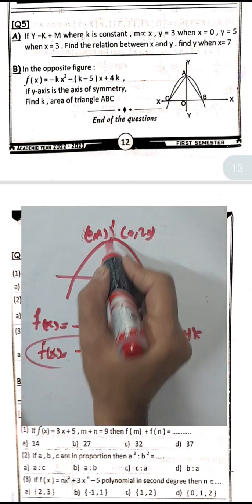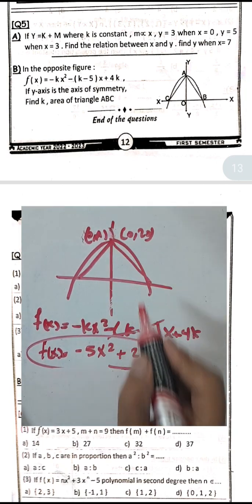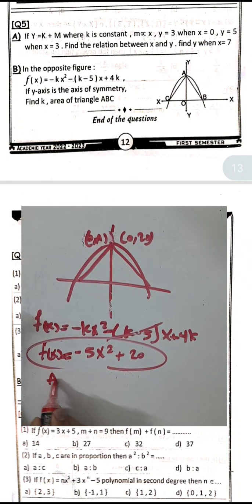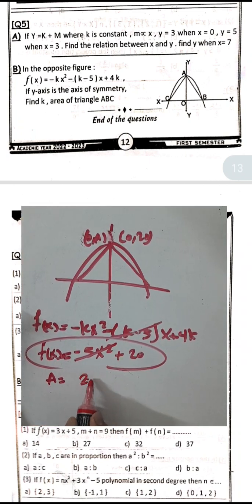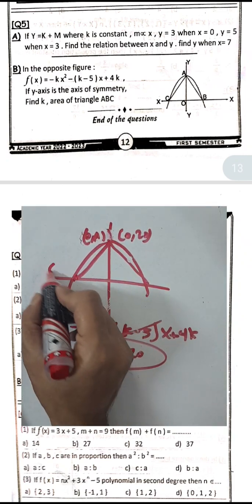We called it point a here. In this example we have a triangle, and here (0, a), with x 0 and y a. This point will be (0, 20), and we can find the point here (c, 0).